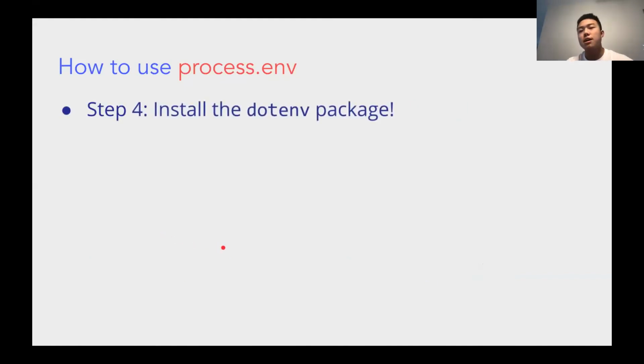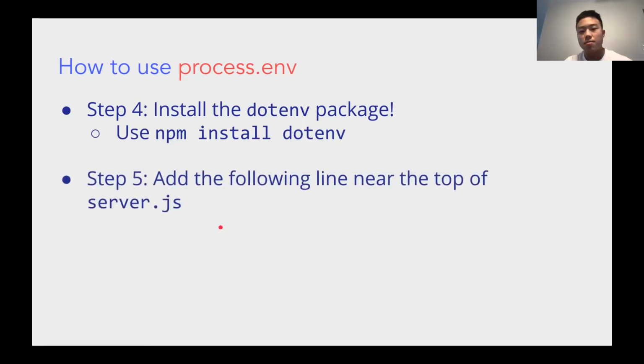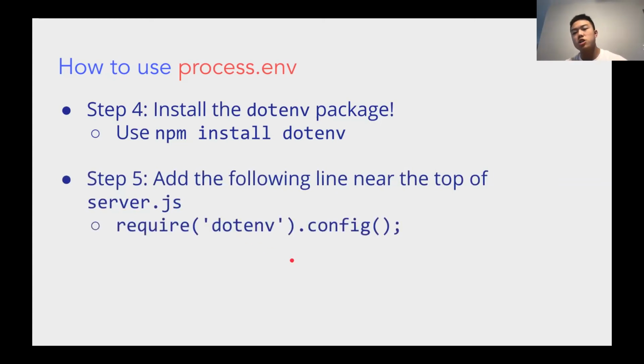All right, the last step is we have to install some packages in order to access our .env file. So let's install dotenv by going to the command line, typing npm install dotenv. And then in order to import the package, we're going to have to require it at the top of server.js.